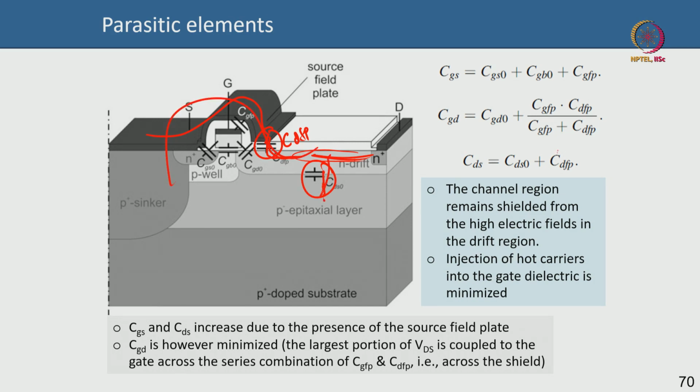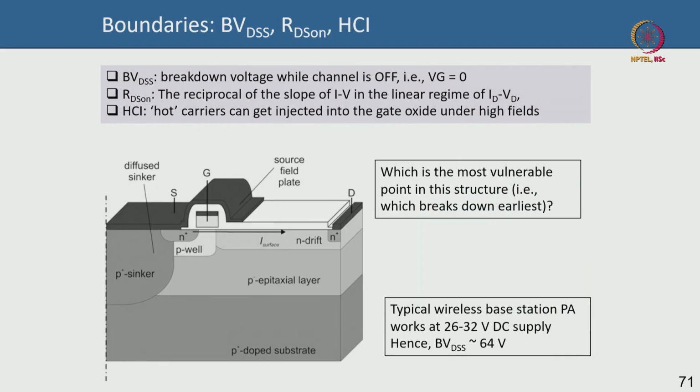So this is the drain source capacitance. As I said, the gate is shielded by the source field plate, which is wrapping around over the dielectric, and this helps prevent hot carrier injection also by reducing the peak field, okay. Otherwise the hot carrier injection can significantly degrade. Everything else is fine. I have talked about everything, but this is the way the capacitances are calculated, so you understand the capacitance split of these different capacitances in the LDMOS, okay.